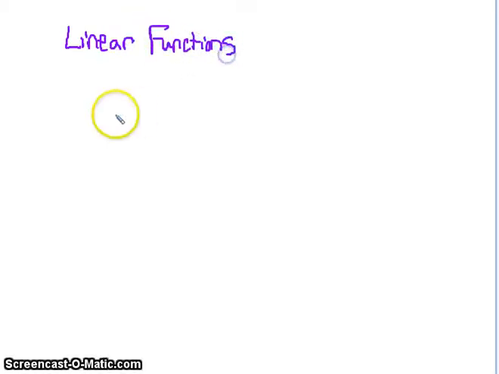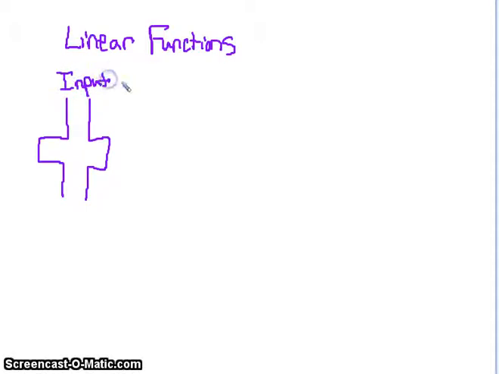So first, let's talk linear functions. We've discussed functions over and over, and when we first discuss any type of function, we normally talk about our function machine, and we talk about how we have an input, which is normally our x, and we have an output, which is our y.